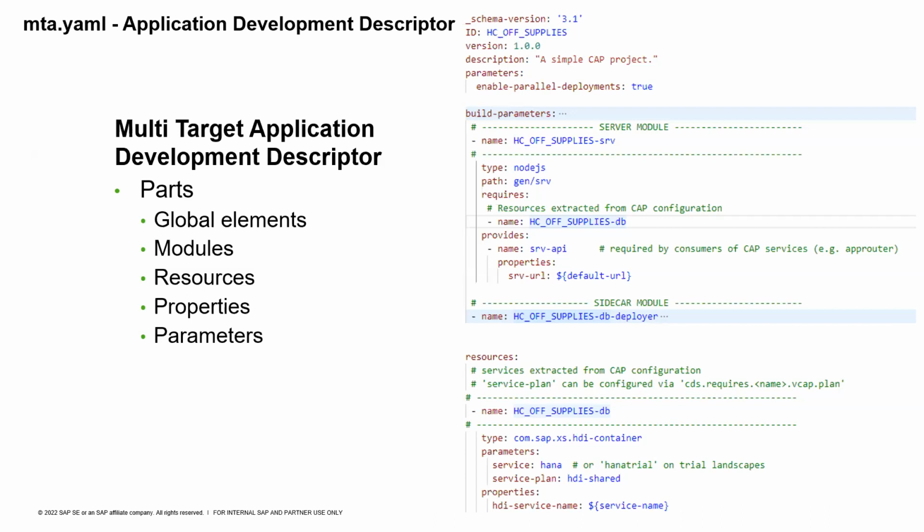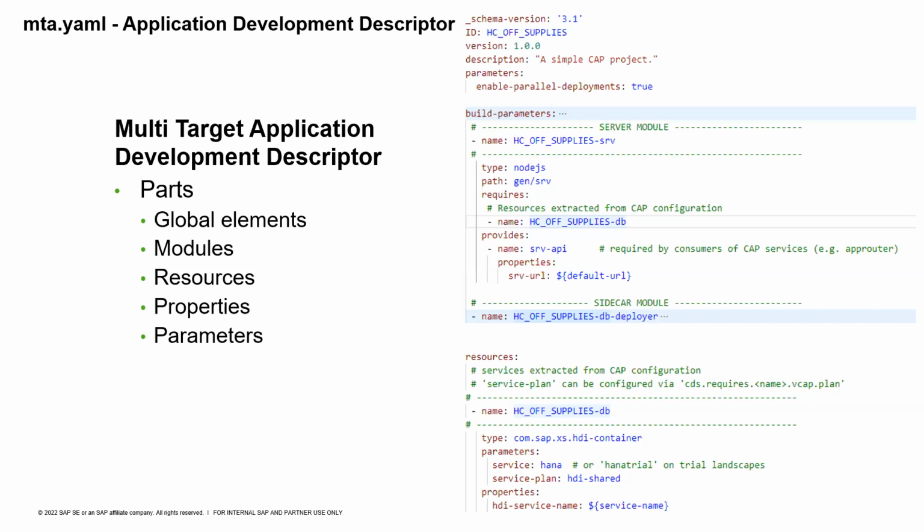These include the application identifier and version, a description which is optional, copyright, author, and so on. Then we have the modules part, with modules created in the application, such as the HANA database module and the Node.js module. And this includes the name, type, path, requirements on other modules, and so on.